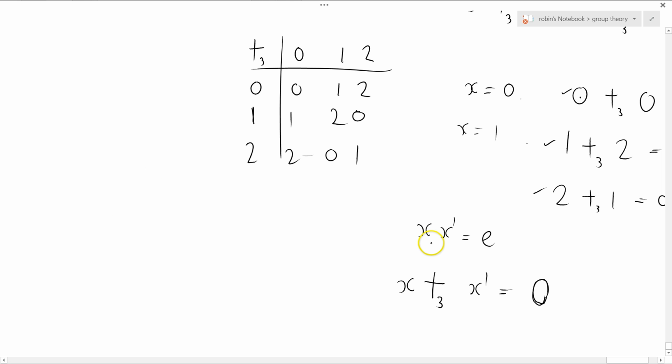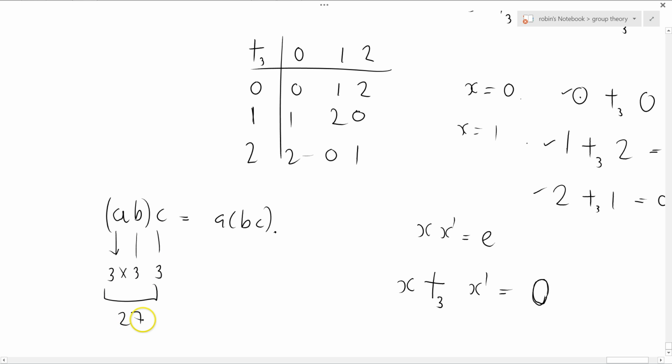Let's dispense with this plus 3 business. I've got to show that (A B) C equals A (B C). Well, there's two ways to do this. The first way is to go through every combination of A's and B's and C's. So of course I've got 3 combinations for that, times 3 combinations for that, times 3 combinations for that. Altogether we've got 27 combinations.